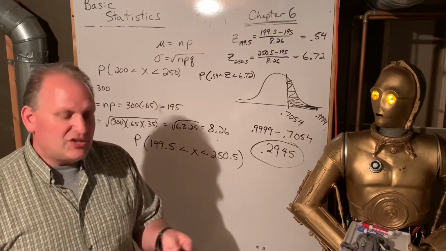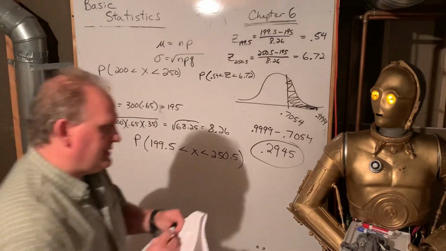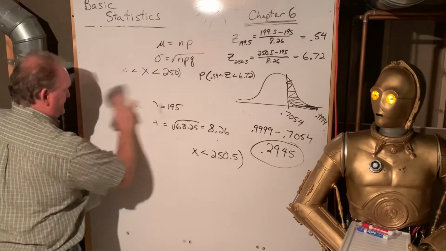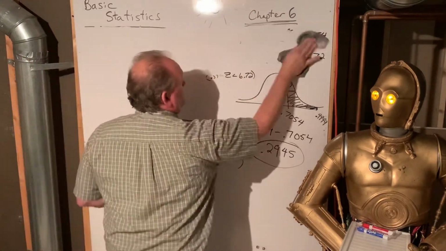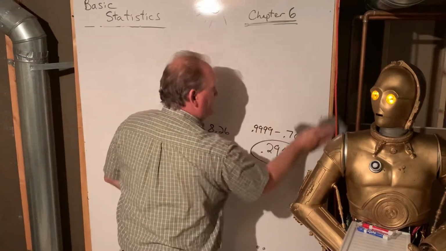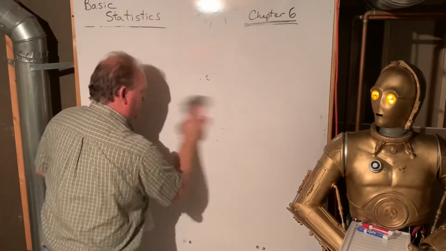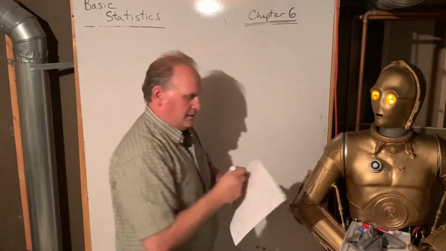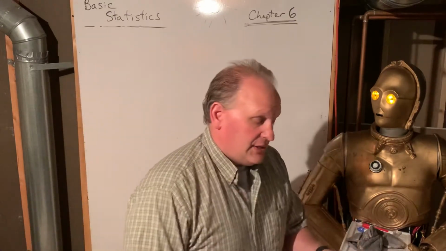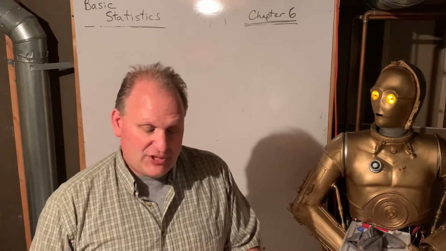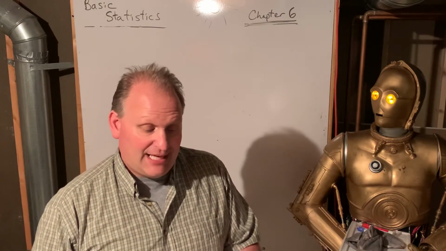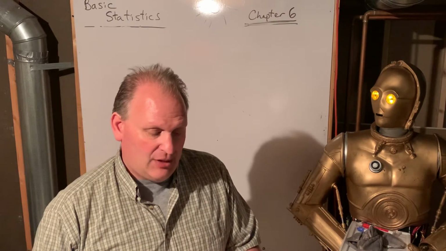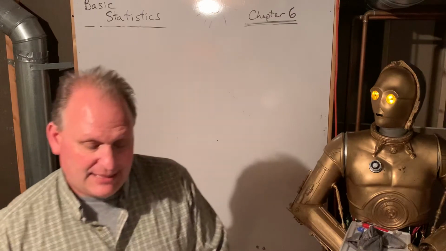All right, so let's do one more of these so you kind of get the feel for it. If a certain slot machine wins 10% of the time, find the probability that in 100 pulls it'll pay out more than 8 times.